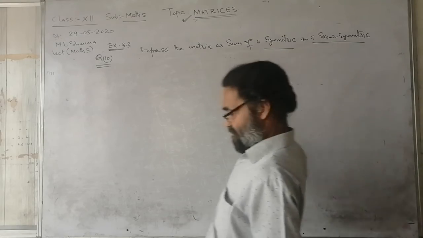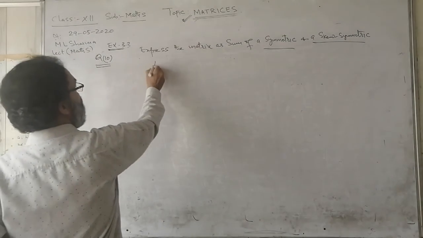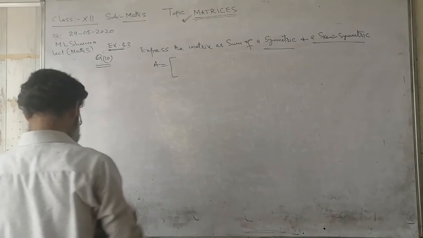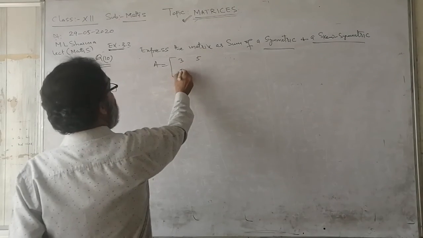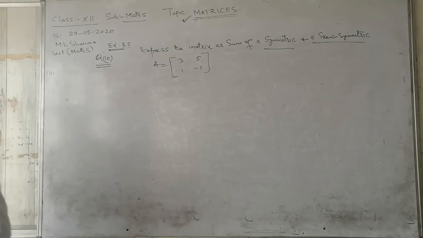So you have to express the given matrix as a sum of two matrices, and the matrix is given with elements 3, 5, 1, minus 1.